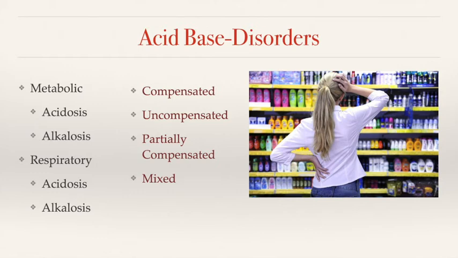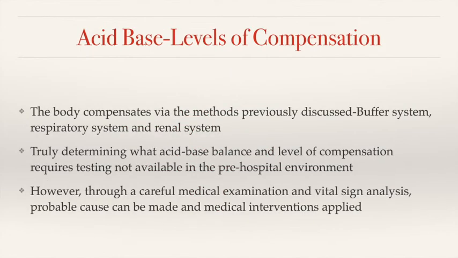So really, we're going to do a down and dirty explanation of what these things are. We're going to begin with levels of compensation because I feel like just understanding this is fairly straightforward. We discussed the body compensates via the methods of the buffer system, the respiratory system, and the renal system.